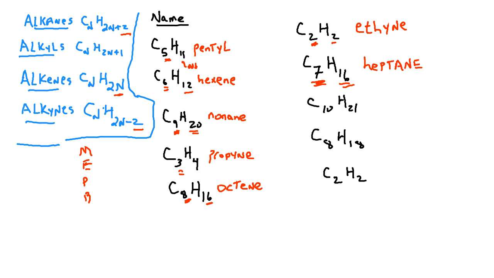Okay. Here we have 10. So the prefix is dec. 2 times 10 is 20 plus 1. Again, that's odd. Remember, odd is an yl. So this is decyl. All right. And here we have oct again. 2 times 8 is 16 plus 2 is an alkane. So it's octane. Remember, octane is gasoline.